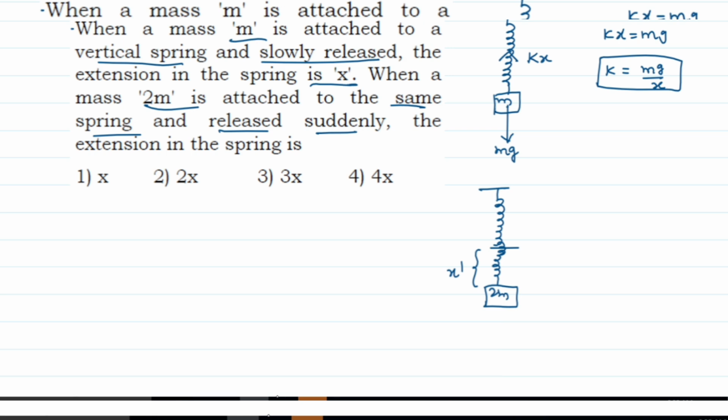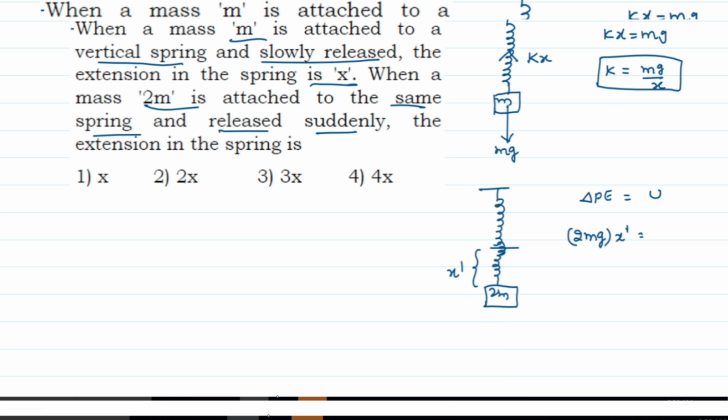So the change in potential energy of the system is nothing but the energy stored in the spring, U. Potential energy formula is mgh, here 2 into m into g, the mass into gravitational force, and x dash is the new elongation in the spring. 2mg into x dash, it falls by a certain amount. Now you can take it as potential energy stored in the spring.